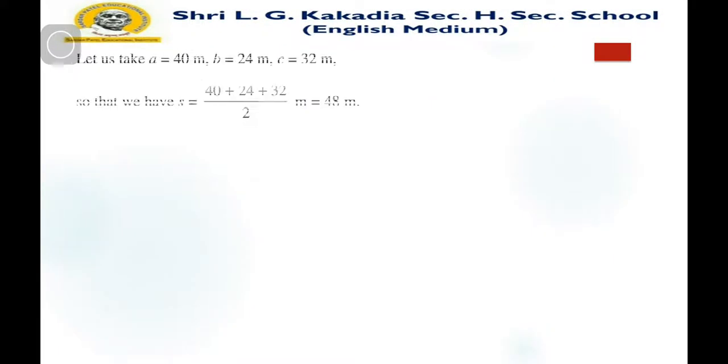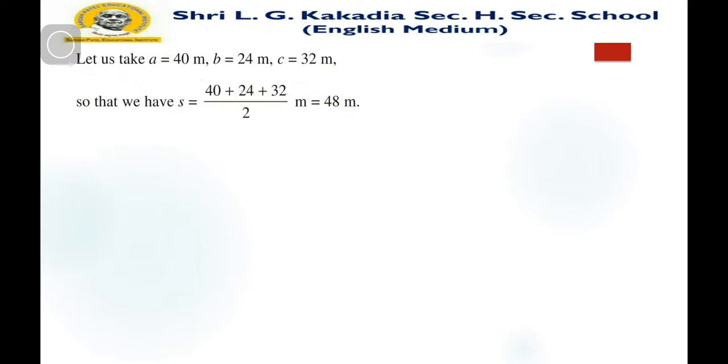Let us take A equal to 40 meter, B equal to 24 meter, and C equal to 32 meter. These are the given sides of the triangle. First we find the half perimeter. S is equal to 40 plus 24 plus 32 by 2 meter, which is equal to 48 meter.